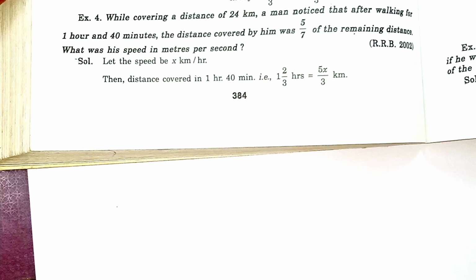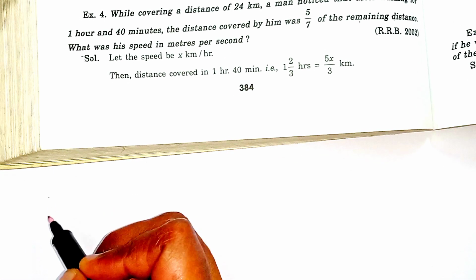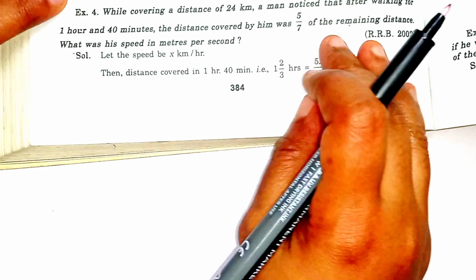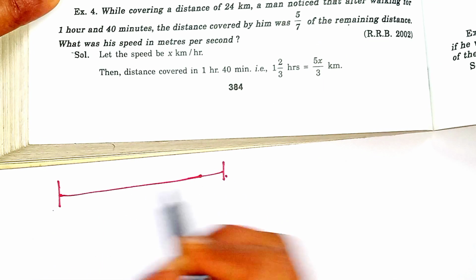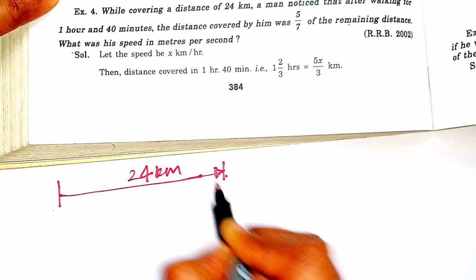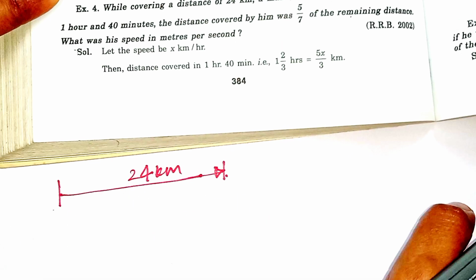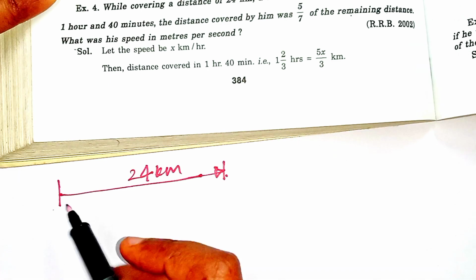Consider a man is covering a 24-kilometer distance. So this distance is 24 kilometers.